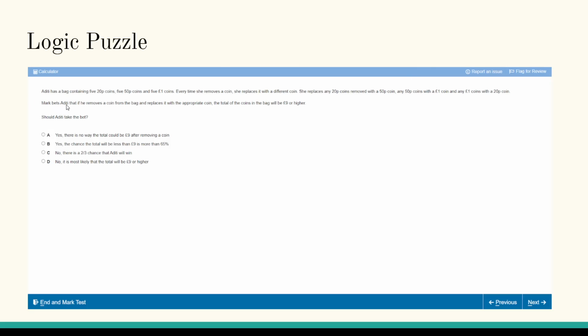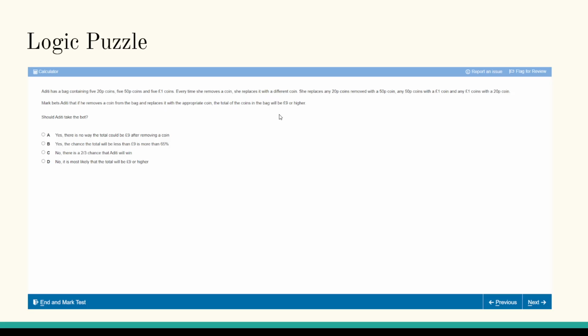So Mark bets that if Aditi removes a coin from the bag and replaces it with the appropriate coin, the total of the coins in the bag will be £9 or higher. So we know that the total, if we did £1, £2.50 and £5, would come to £8.50.